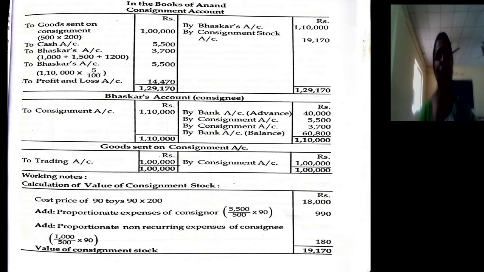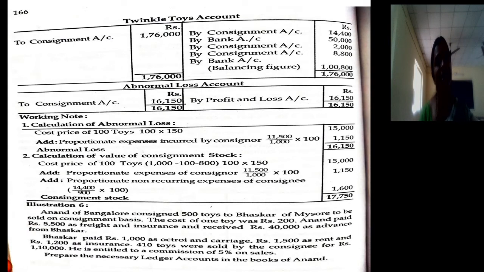So this is how to solve the problem. See, in this problem there is no information relating to abnormal loss. So we are free. It was there in the previous problem. There is no information with regard to closing stock, but we need to identify whether closing stock is there. Yes, there was closing stock. So we have to calculate the value of closing stock.